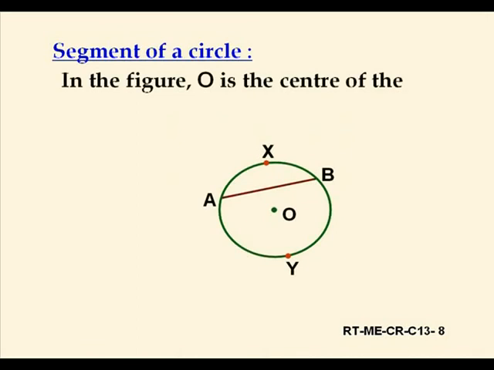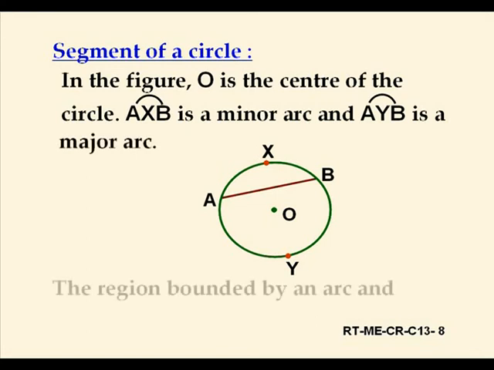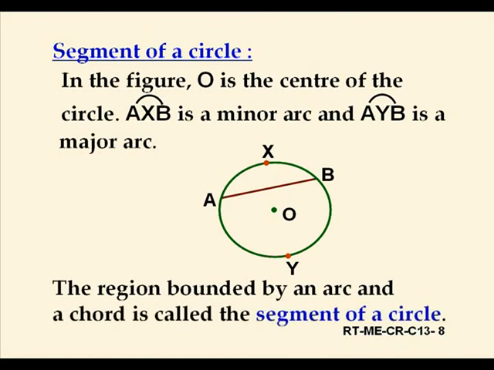Segment of a circle. In the figure, O is the center of the circle. Arc AXB is a minor arc and arc AYB is a major arc. The region bounded by an arc and a chord is called the segment of a circle.